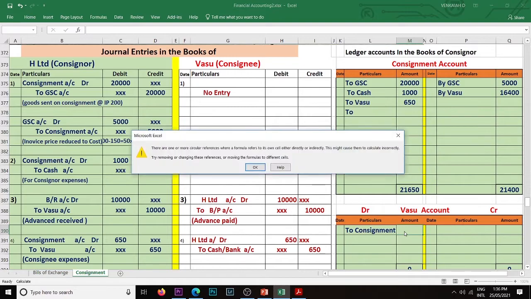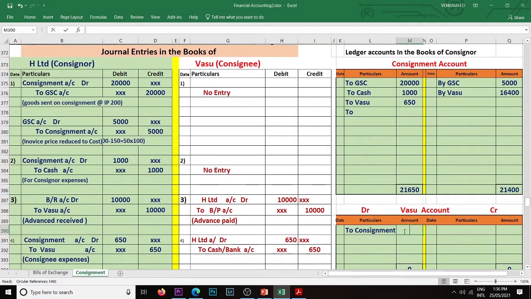When you follow this, you try one problem, whether it's told correctly or not, 100% you will gain. Commission, Vasu account, 820. Now unsold stock is on hand, consignment stock, $3,000.